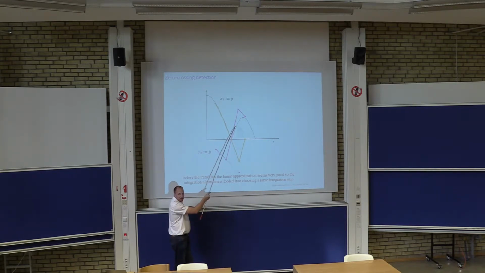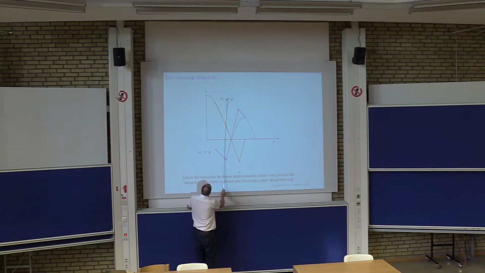So we should change the dynamics here and the states. But the system has discretized time, and it might be that this is the height at step k, and this is the height down here at step k plus 1. And if we should do the switch here, we will have problems, right?